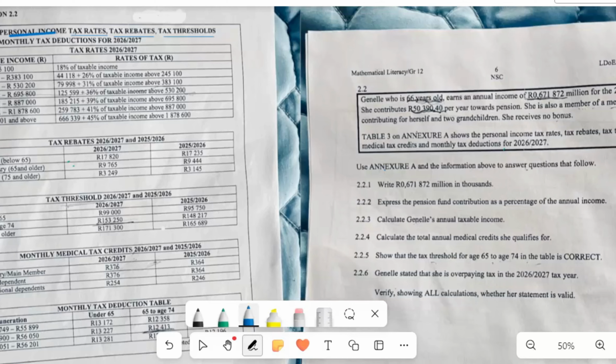And the tax threshold is the minimum income you must earn before you start paying tax. Let's say, for example, the tax threshold is 95,000 rands per annum. That means you must be earning 95,000 rands per annum in order for you to be taxed.